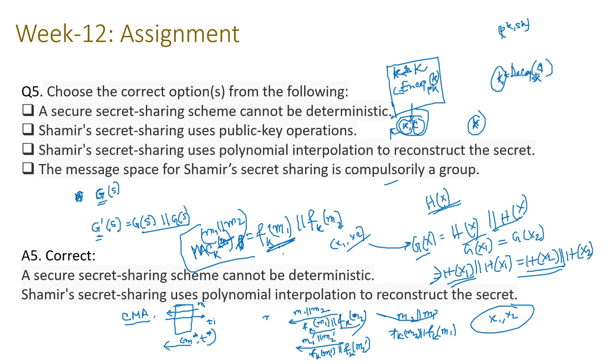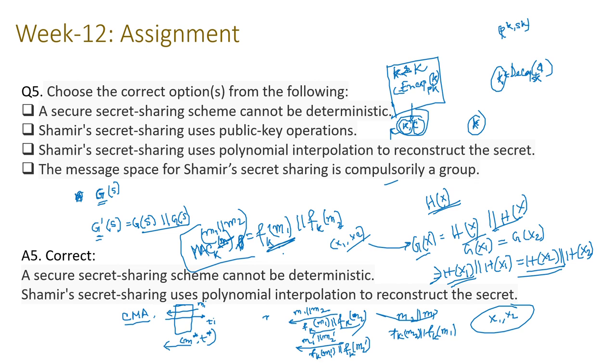Anything else? You had seen how PRFs can be generated from PRG, or PRG can be achieved from PRF. Feistel network you had seen, right?